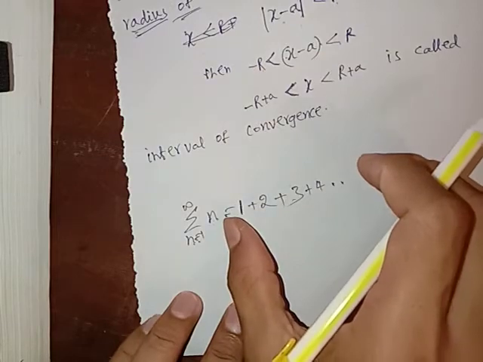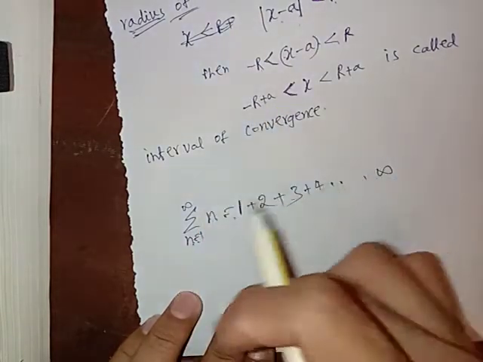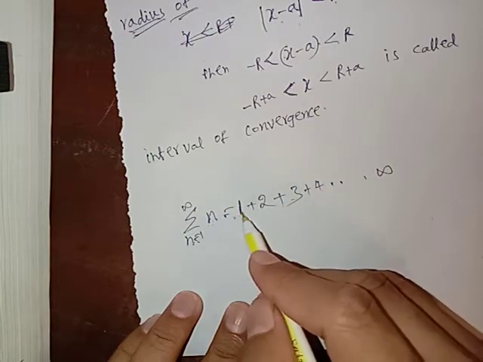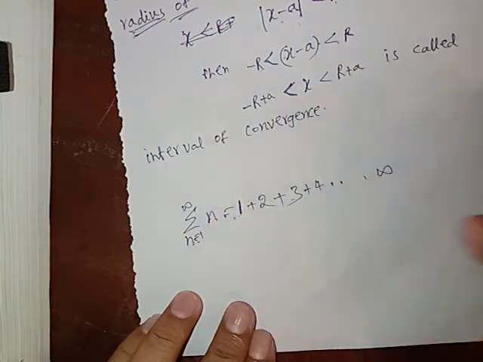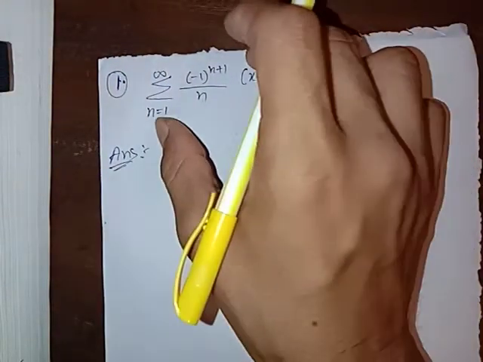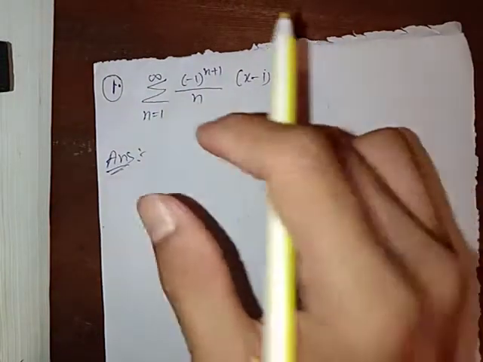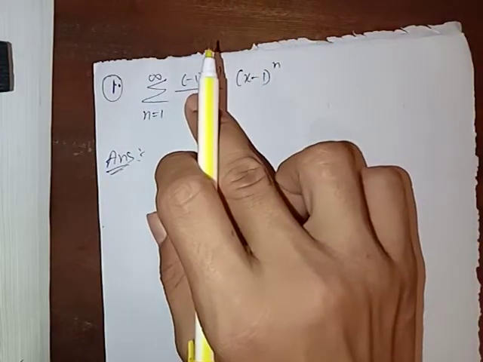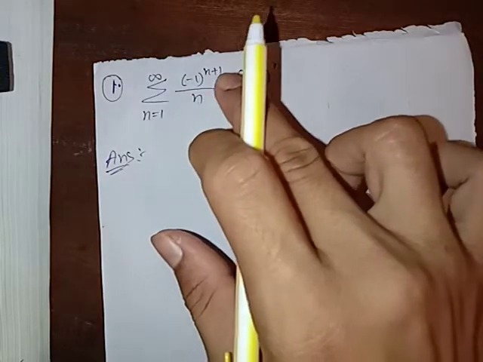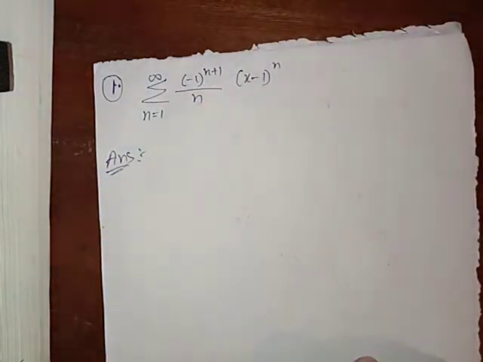So this is called a series. We can directly say that this is a divergent series. Now here the same type, this is also a series. Now we have to find out the radius of convergence and interval of convergence of this series.